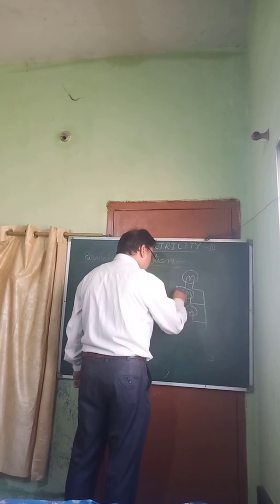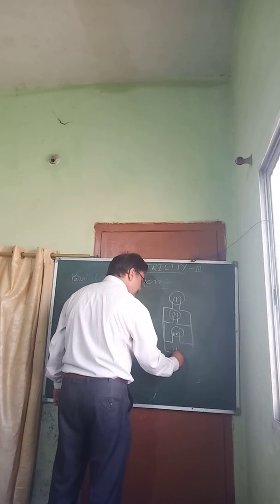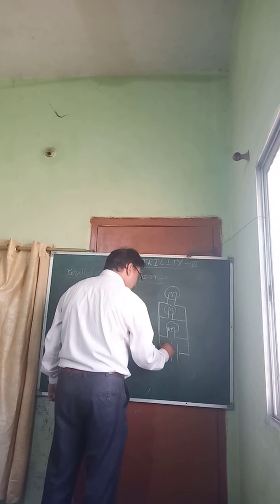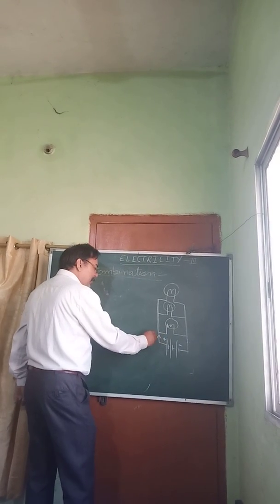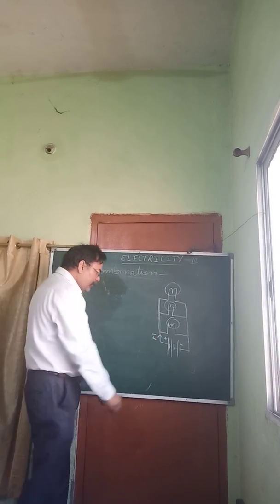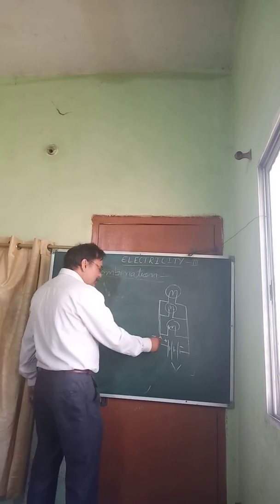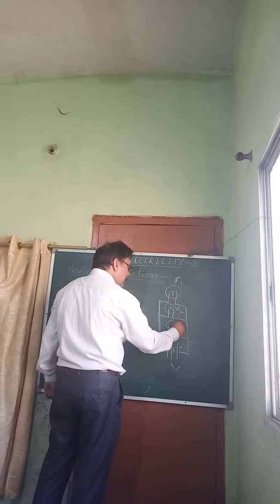And all are connected like this. This is positive, this is negative, and current will flow like this. So current will start from here. If the potential difference applied is V, it is a battery, not a cell, and their resistances are R1, R2, R3.